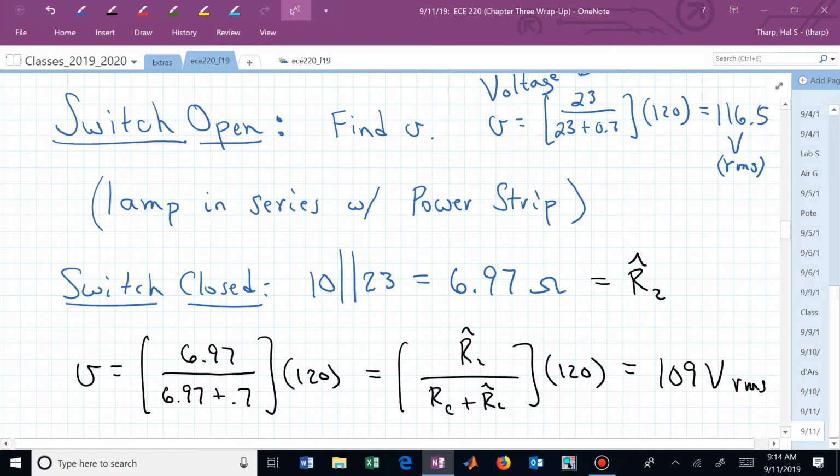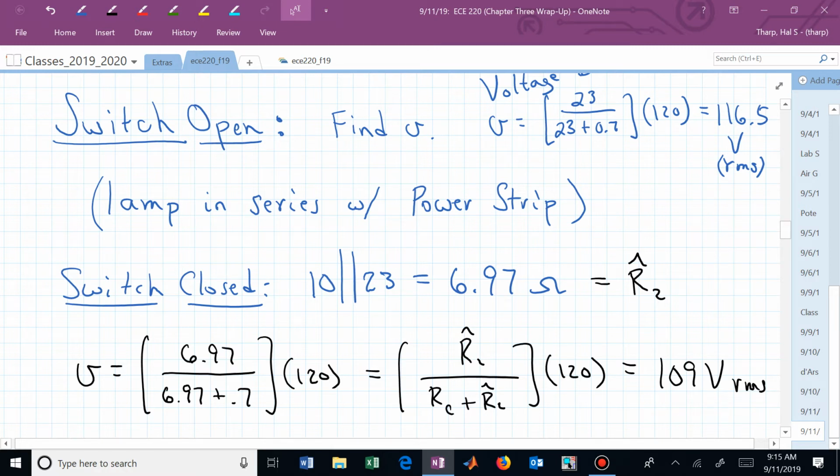Because now the power that the light experiences, we can write it as V squared over R. And V squared has changed in the two scenarios. The lamp, without the hot plate on, has 116 volts across it. We square that and divide by R, and what was it, 23?